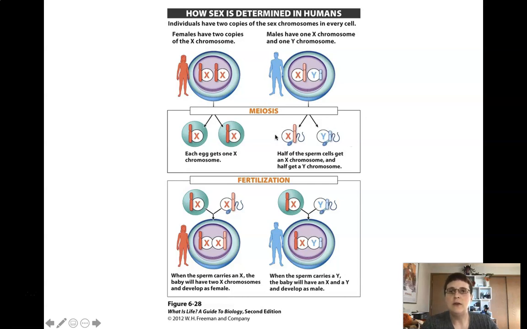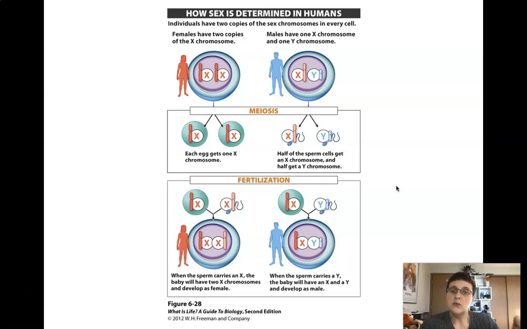So this is why, if you've heard there's a 50-50 chance of getting a boy or a girl, it's because half the sperm are Y and half the sperm are X. And so under fertilization, you either get an X from the male or a Y from the male. Right? So that's how we get sex determination genetically in humans.